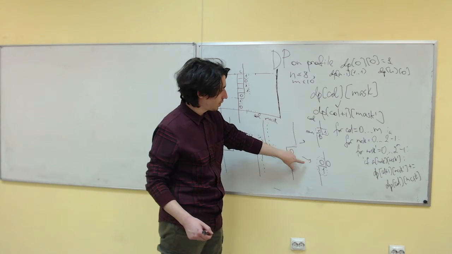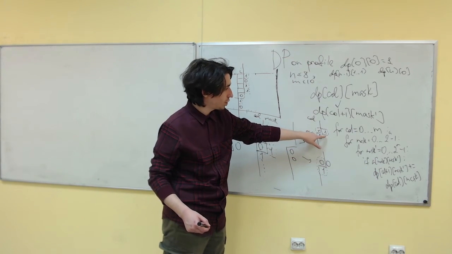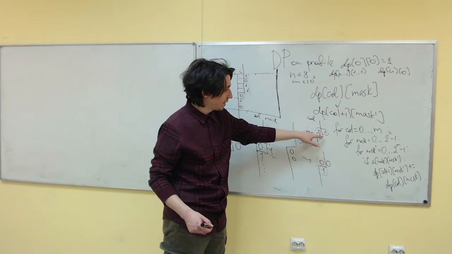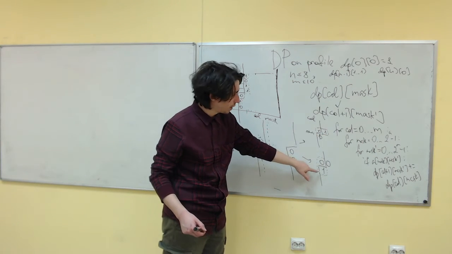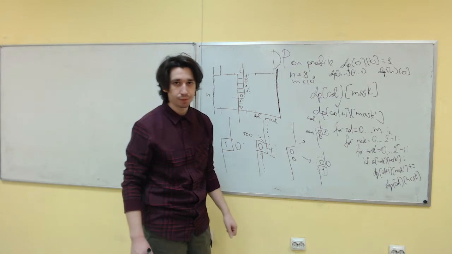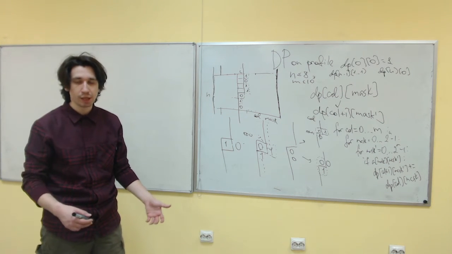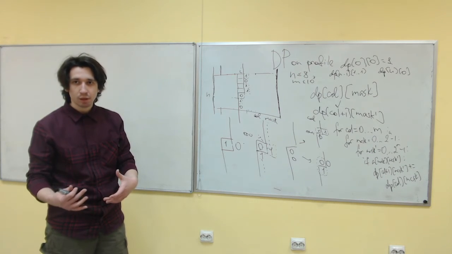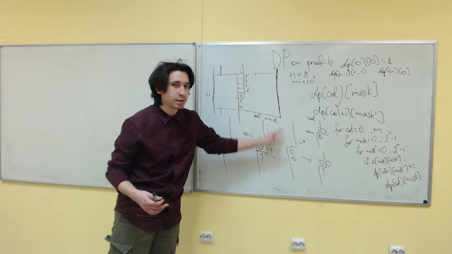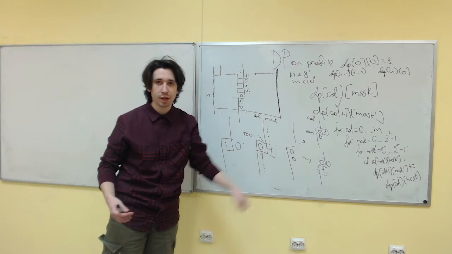And in the third case, there can be 2 changes. Either one becomes in this position, or one becomes in the second position. And that is how you recalculate: you add the answer for this mask to the answer for that.